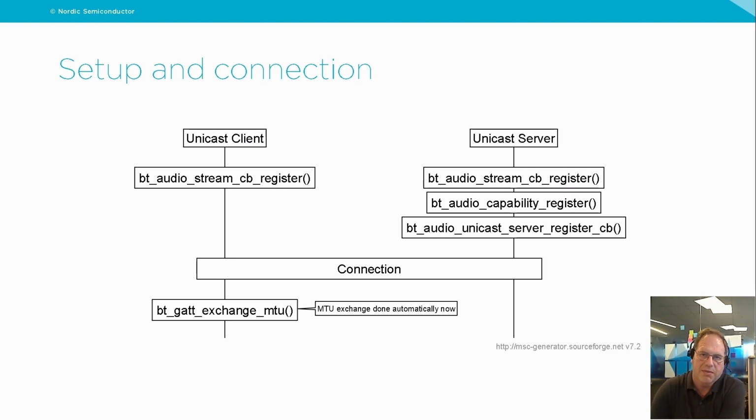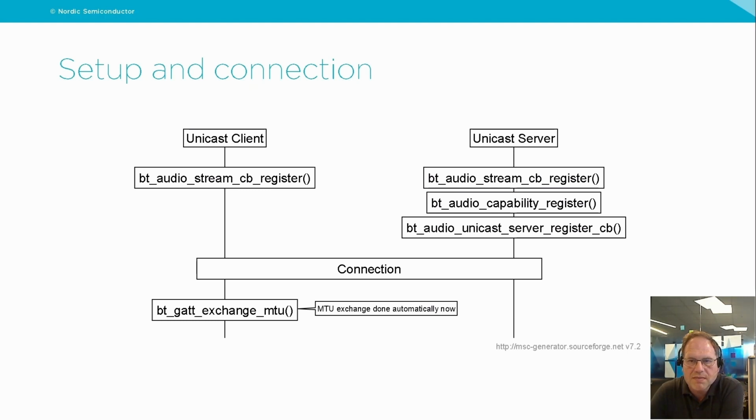So the first thing that happens is that both the client and the server need to register the stream callbacks. The server will in addition have to register a set of capabilities, basically saying what it supports, what endpoints it has, what direction the endpoints has, what codec it supports, what codec parameters, and so on. And the server will also have to register some server callbacks.